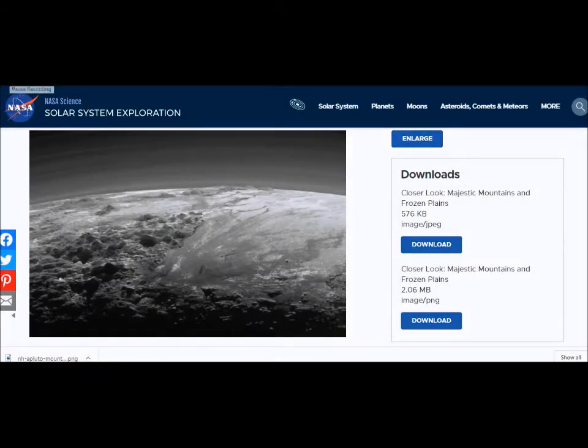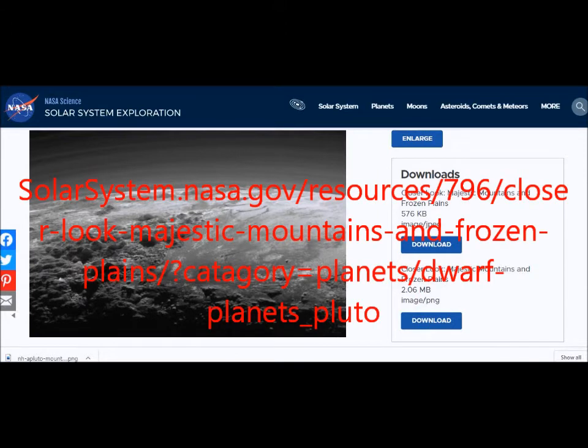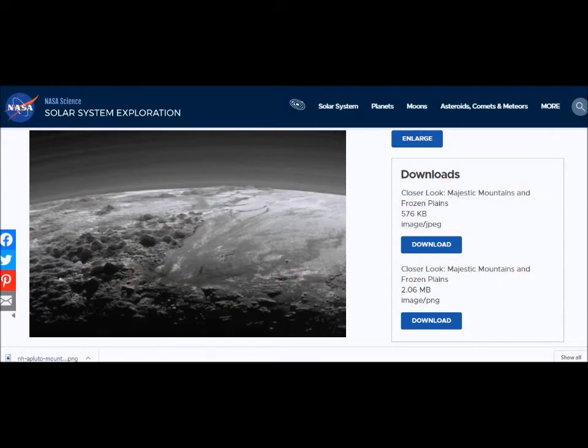Okay, so this is where you can actually find the photo of what we're talking about. You just go to solarsystem.nasa.gov/resources/786, and then it says closer look, majestic mountains and frozen plains.